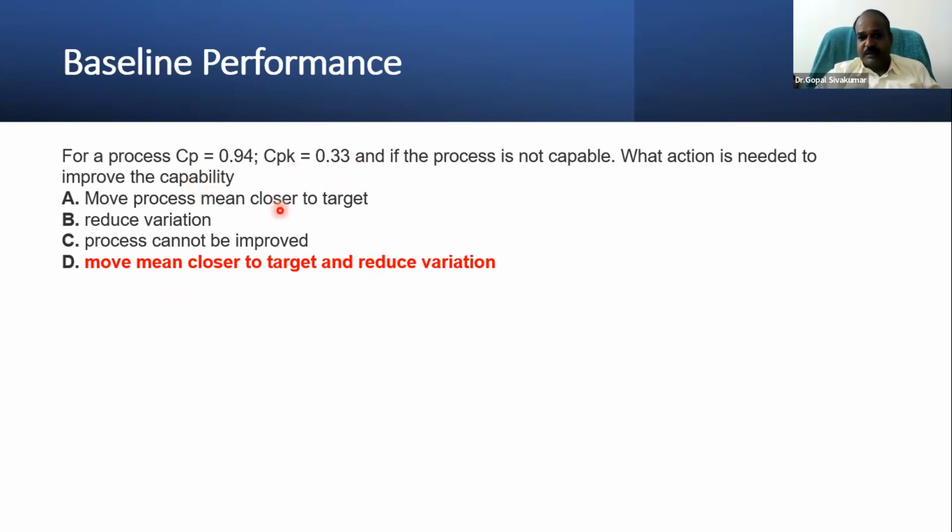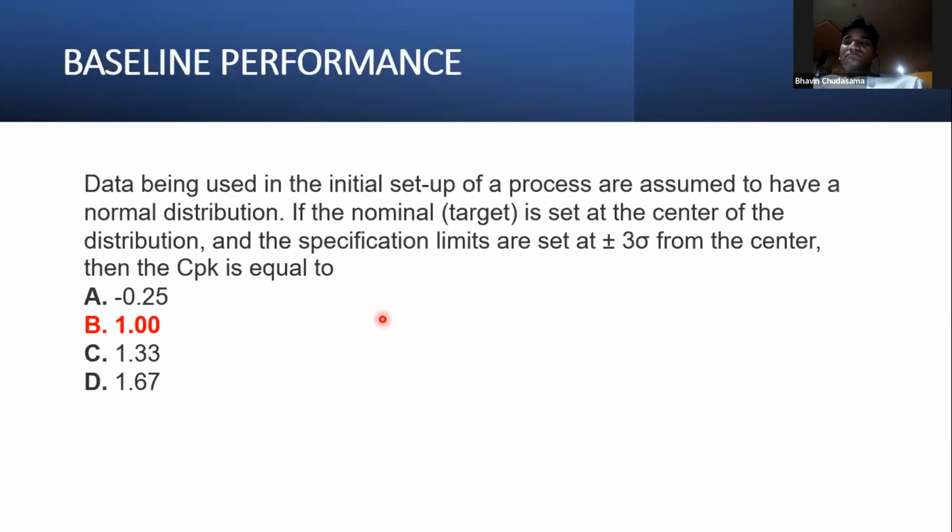First one, Bhavin helped us: CP, CPK are different, so we have to move the mean. Why should we reduce the variation? CP is less than 1.67. When the CP is more than 1.67, I am okay with the variation. I don't have to work further.